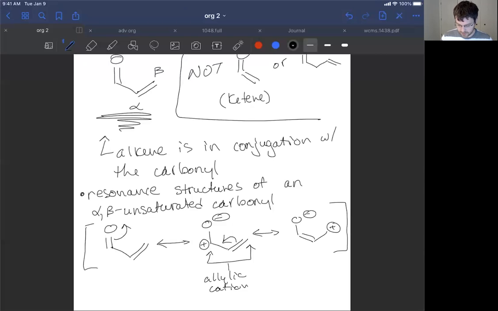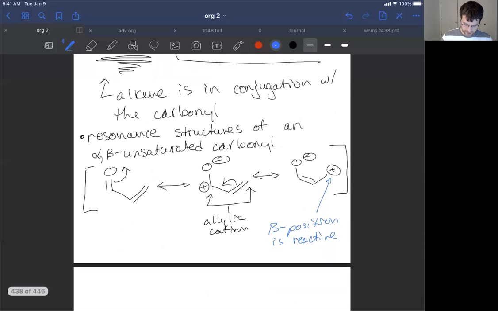But this one tells us that the beta position is reactive. That's really the big take-home message here: the beta position is reactive.